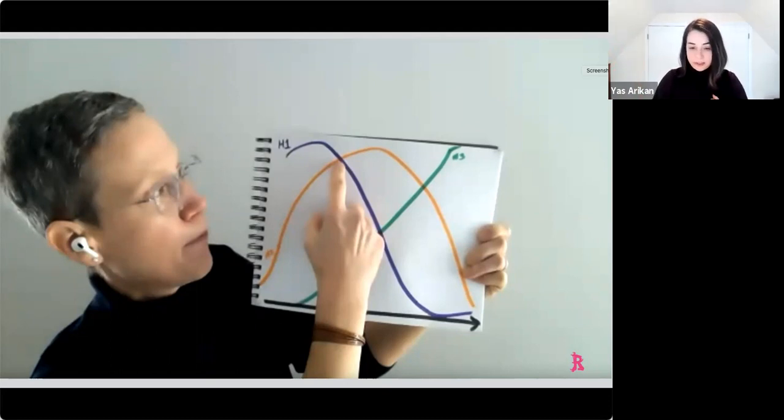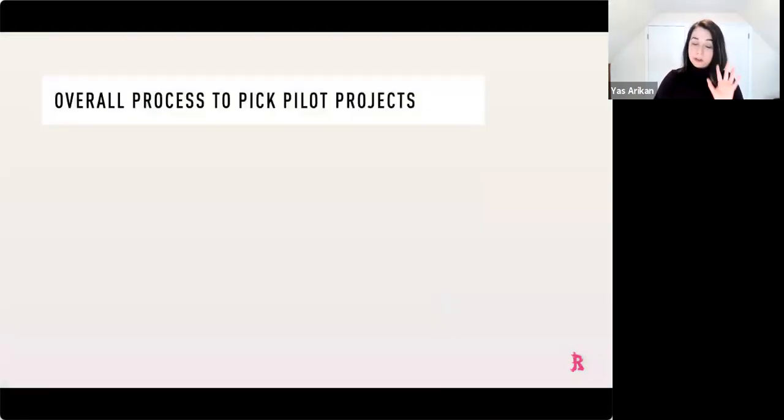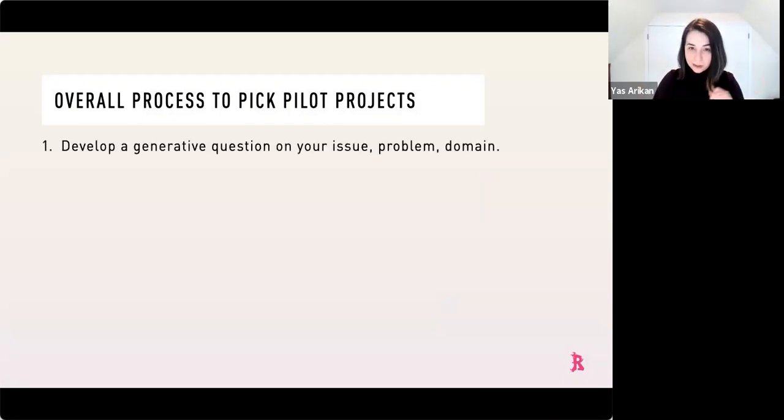So for this process, I'm going to give you the big picture answer right away. This is the big picture process, and I'm going to spend most of today diving more deeply into one of these steps. None of this is terribly complicated or rocket science, but step number 1 is to develop a generative question on your issue, problem, or domain. I will elaborate on this. What does it mean?